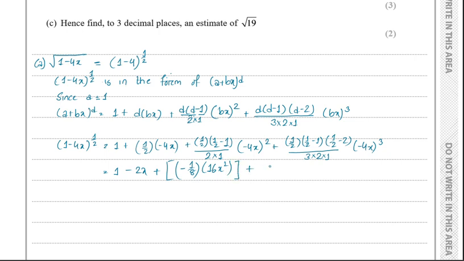Bracket close, plus this would be 1 by 16, multiplied by minus 64x cubed. So this would be 1 minus 2x minus 2x squared minus 4x cubed.